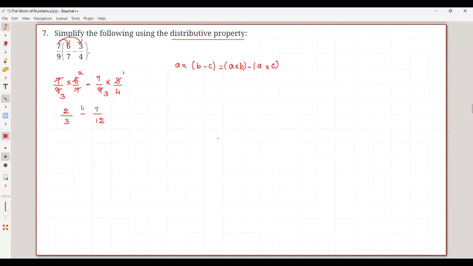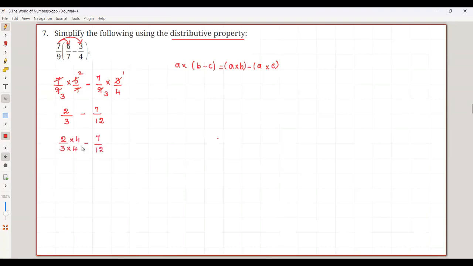Either you can go with the LCM method or the butterfly method. I think the LCM method will be easy. So 12: what should I multiply with 3? 2 by 3 is given, so I have to multiply 3 4s are 12, 2 4s are 8, minus 7 by 12.